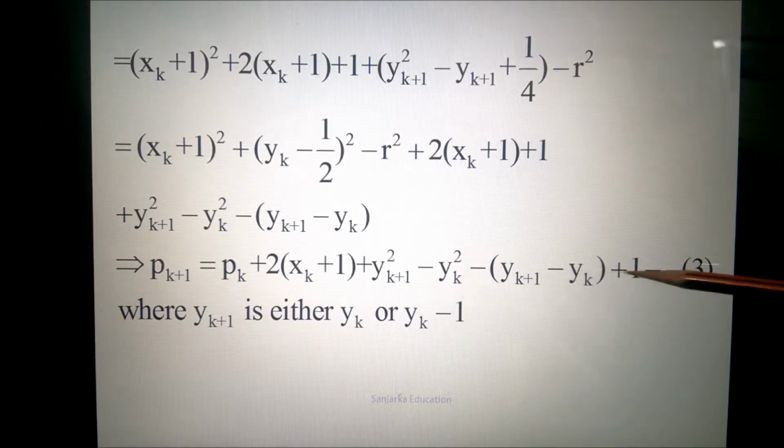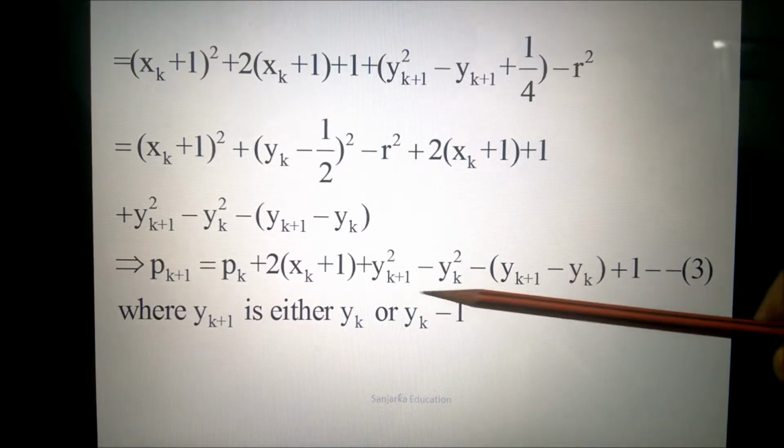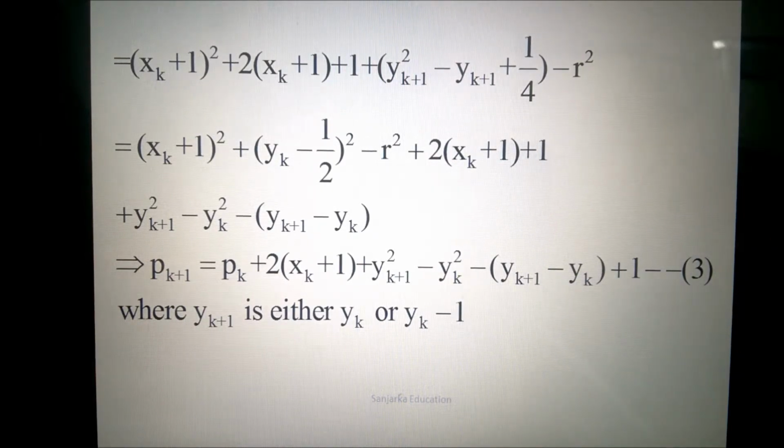And here you can see that for yk plus 1, there are two possibilities. Either yk remains the same, or it may be decremented by 1. And therefore there are two possibilities, yk or yk minus 1. And then this is the next decision parameter equation.